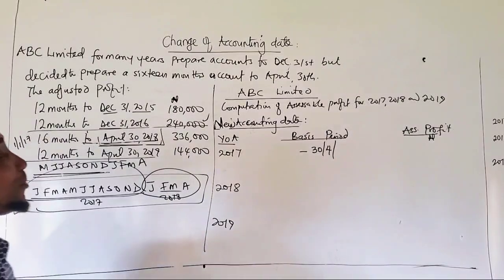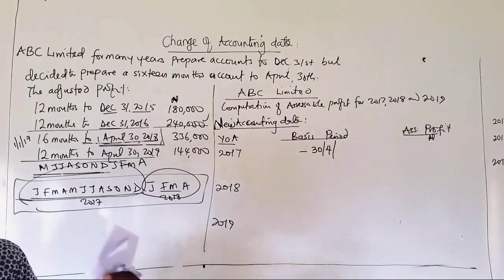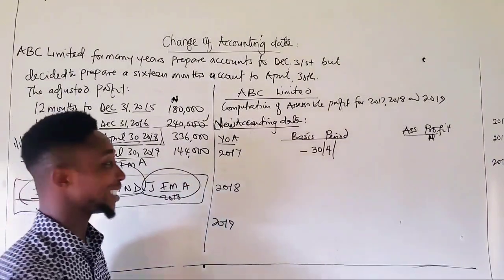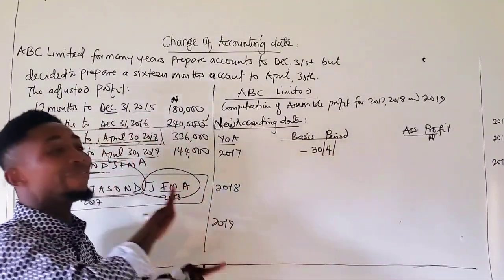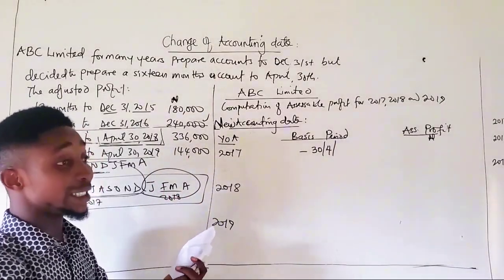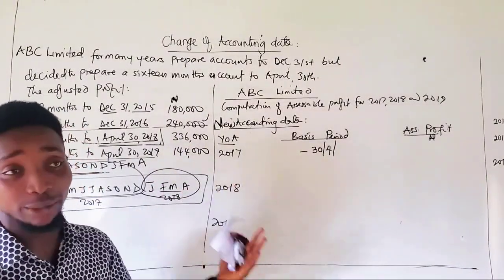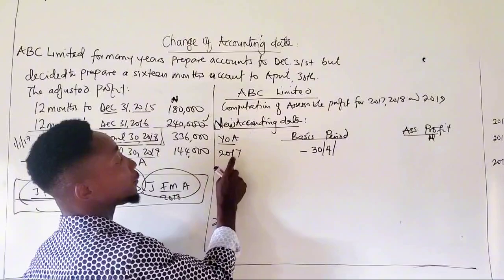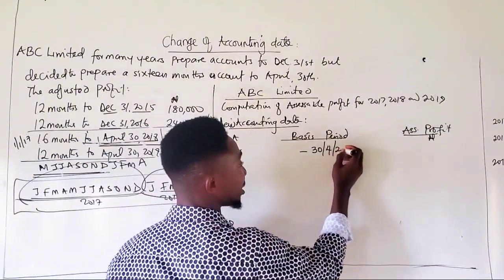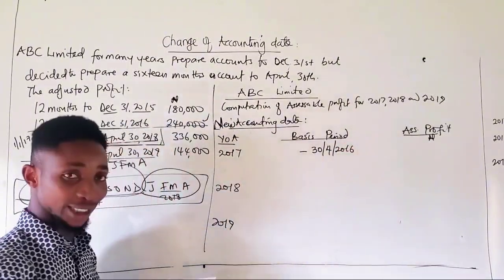If you are not good at these things, or you've not mastered the creative art of writing basis period, then you have to work it out manually. Now, remember, every existing business is on preceding year basis. So which year comes before 2017? It is 2016. Take note of that. Preceding year basis.